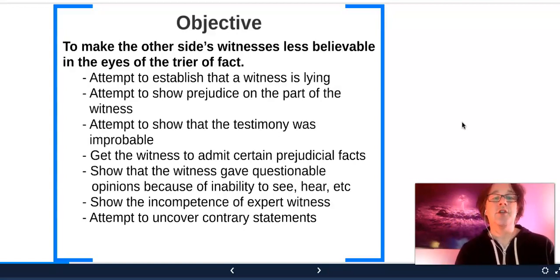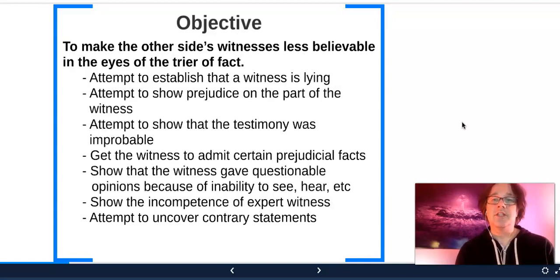We might attempt to show that their testimony is improbable or impossible, right? We might get them to admit certain prejudicial facts. We might get them to say that they don't like the defendant. We might say, you and the defendant, you and my client, you go back quite a ways, don't you? And you say, yeah.